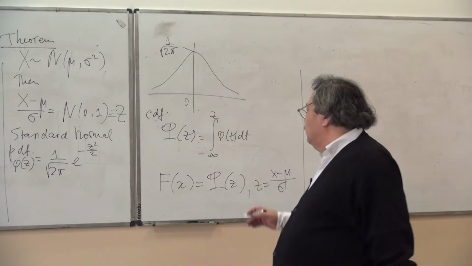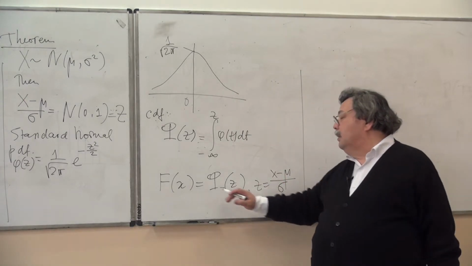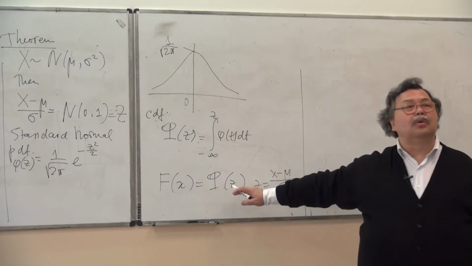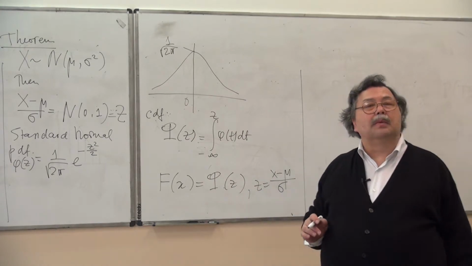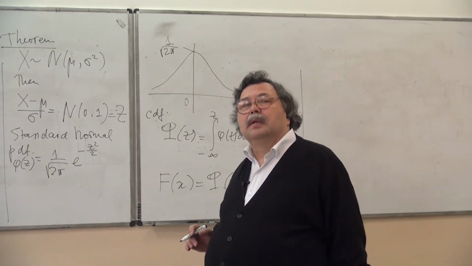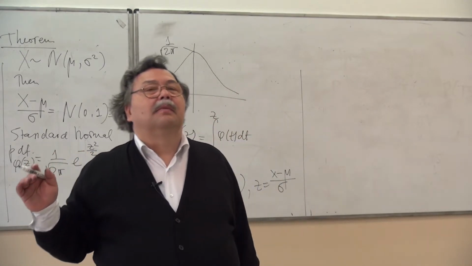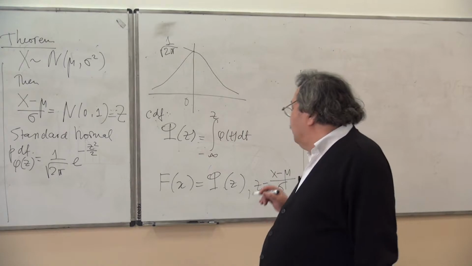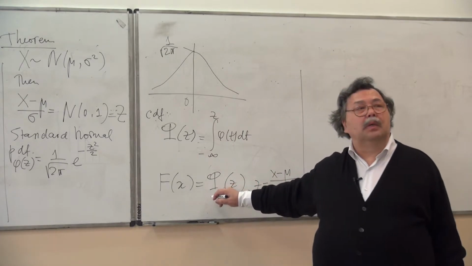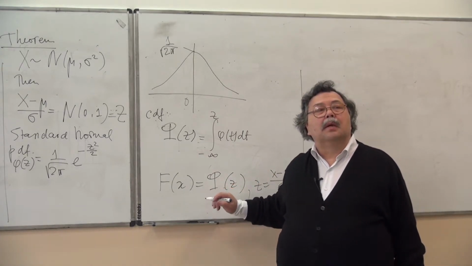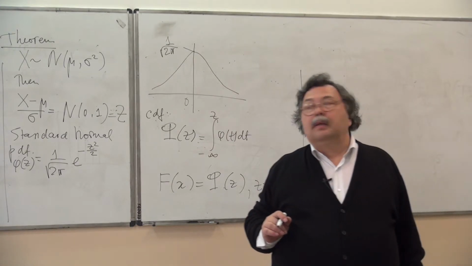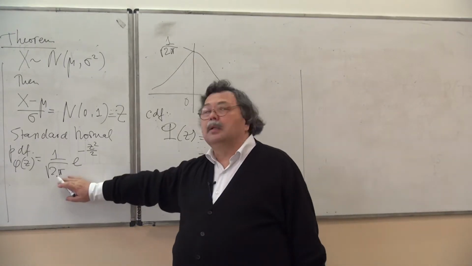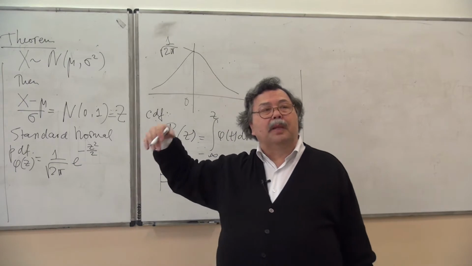Now, you can say, all right, this is good to know. It's good to know that any question concerning any normal random variable can be answered using the standard normal. But how do we know? Do we really know this? What is this capital Phi? I only wrote little phi, which is the PDF.